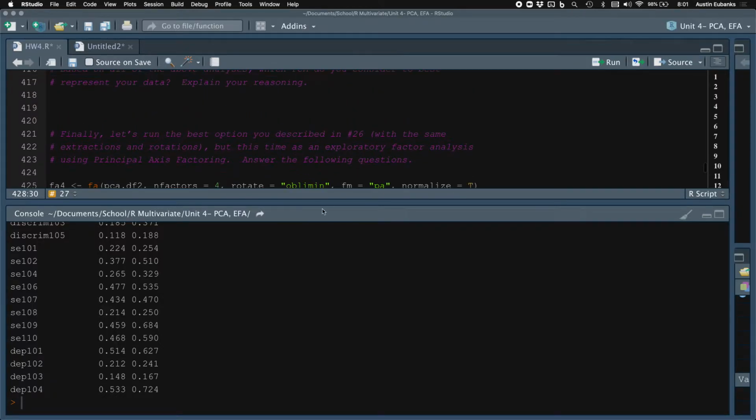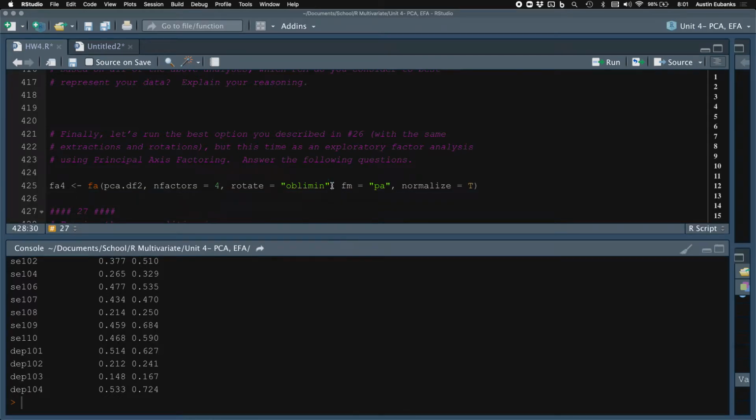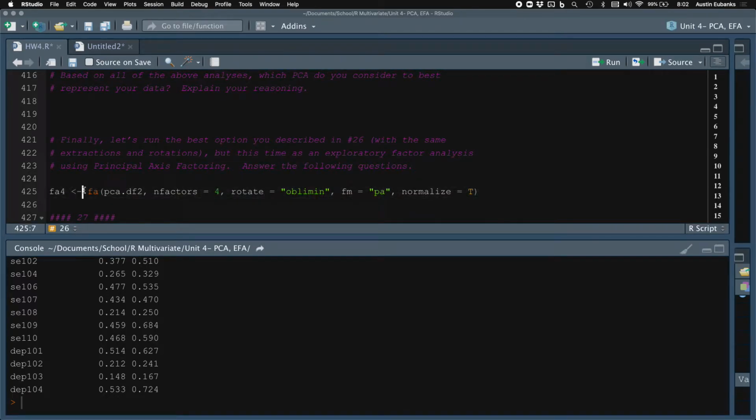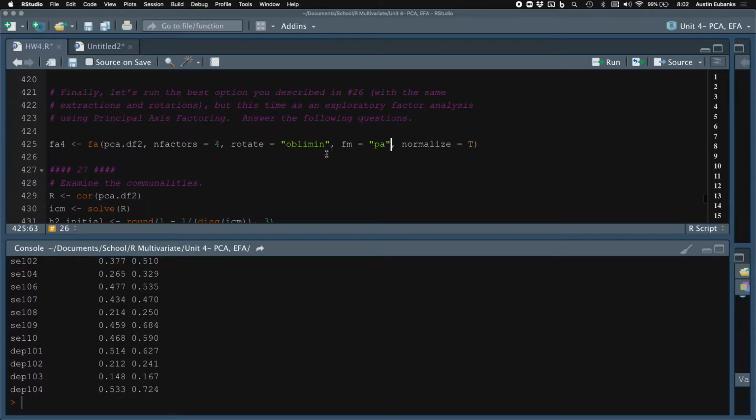All right, so to pick up where we left off Tuesday, we did our first factor analysis just using the FA function. The only difference between the factor analysis function and the principal function is we add the factoring method, FM, and in this case we put PA because we wanted principal axis factoring.